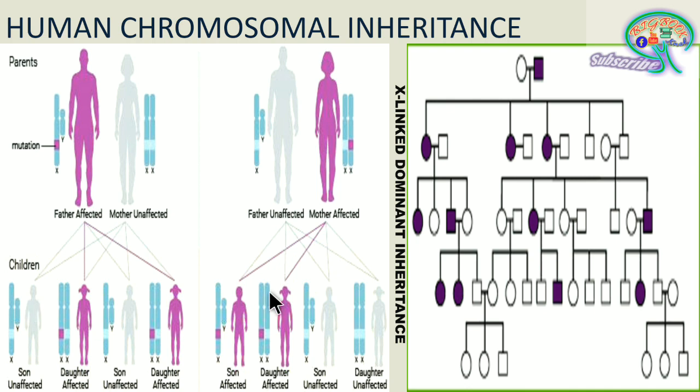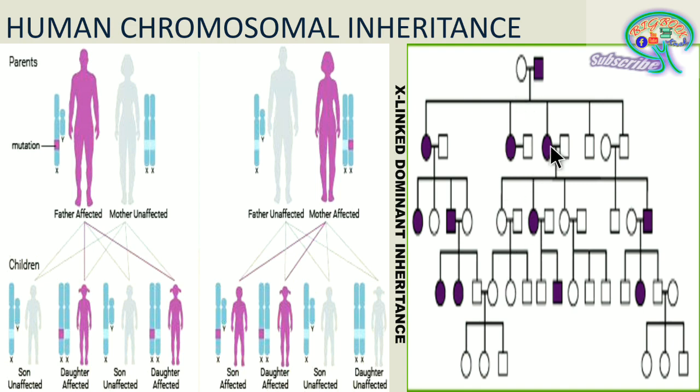If you consider this pedigree, which has an affected male, he is passing it to the daughters only, and the daughter has passed it to both the male and the female. So here you can see the first generation, second generation, third generation and fourth generation.